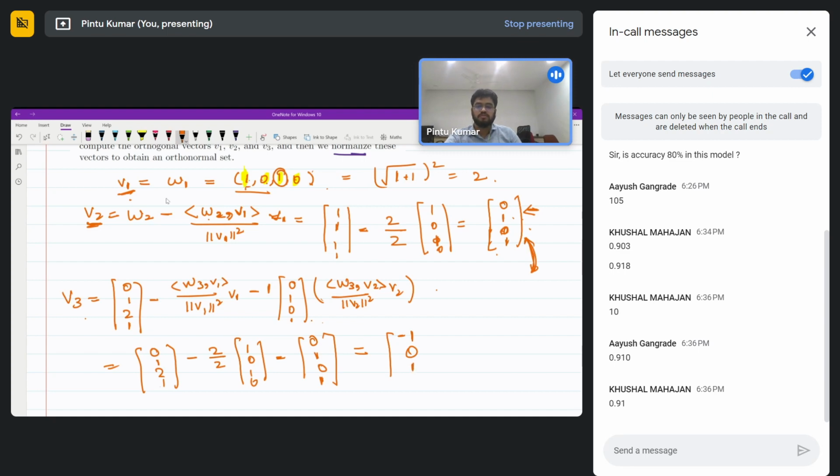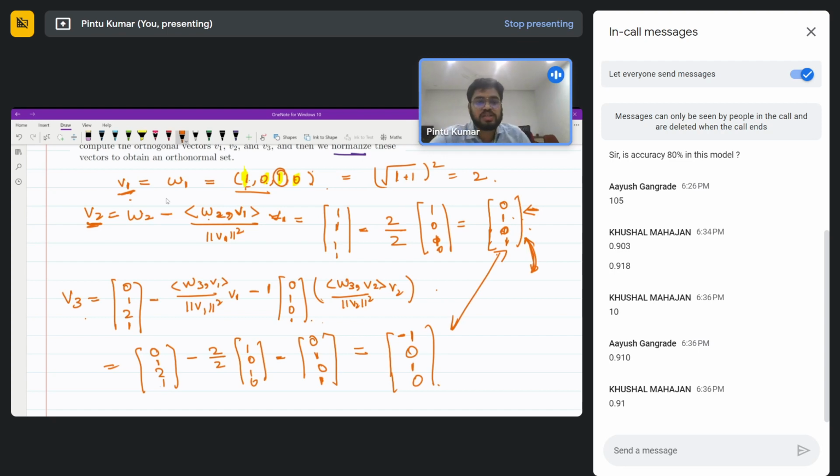And this is 1 minus 0 minus 1 is 0. So V3 we obtain to be minus 1 0 1 0. Now if you take its dot product between these two, this is 0, right? And now even if you take its dot product with V1, because this position we got minus, then again it will be 0. Okay, so this is how we orthogonalize any basis that you have.